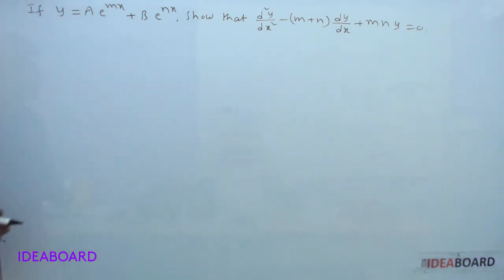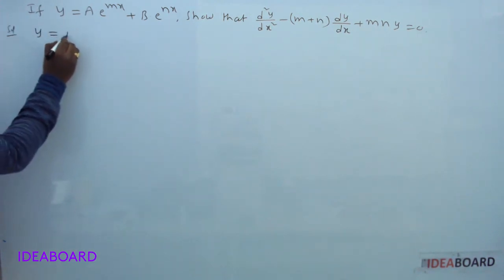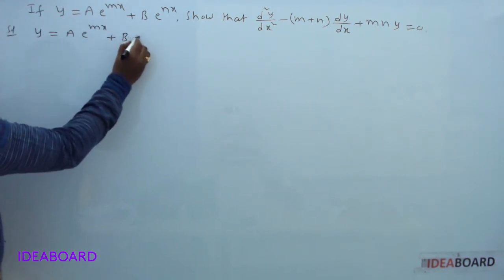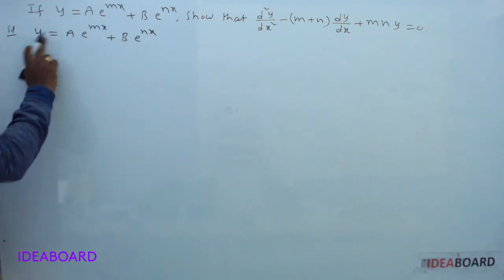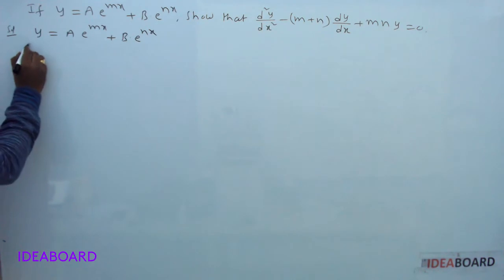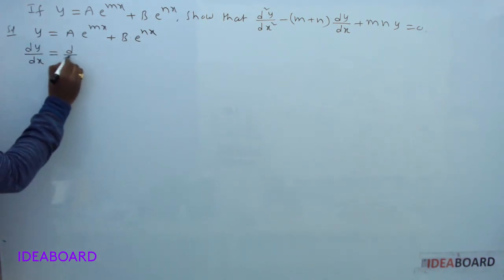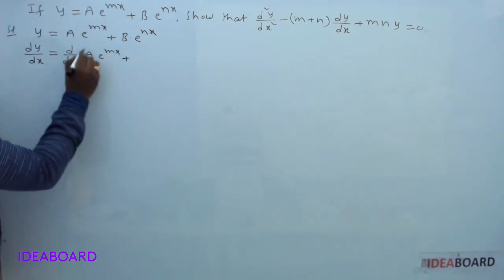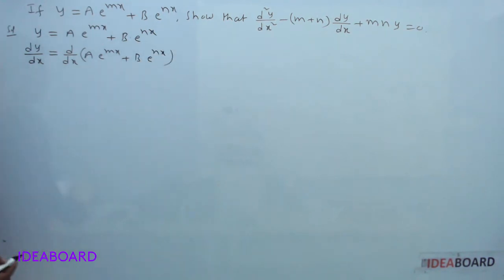Now first write down the given equation. Y equals to a into e power mx plus b into e power nx. Differentiating this equation on both sides with respect to x. So it is dy by dx equals to derivative of a into e power mx plus b into e power nx.